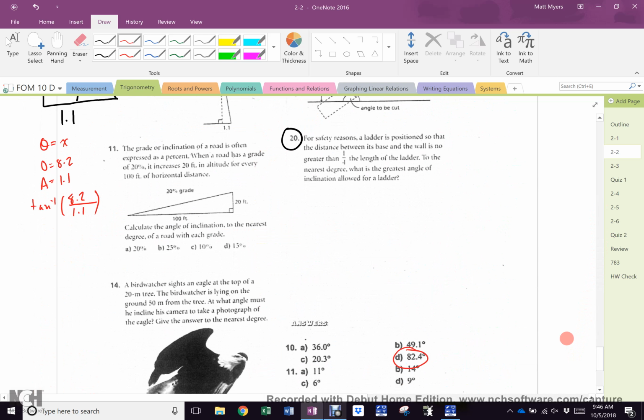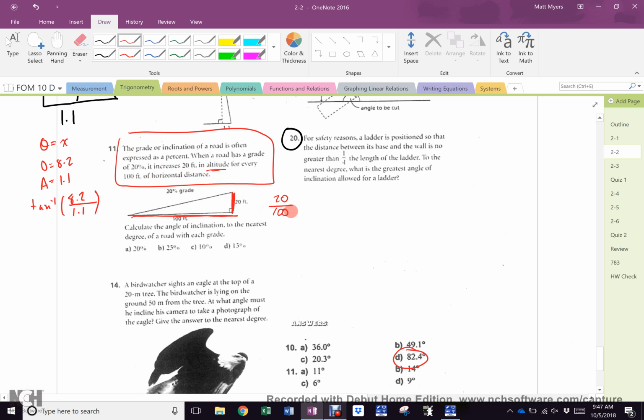11. Now, Austin, you particularly asked about 11. If you read the question, it explains it. I rise 20 feet in altitude, which is up 20, for every 100 I move horizontally. So isn't that an opposite of 20 over an adjacent of 100?